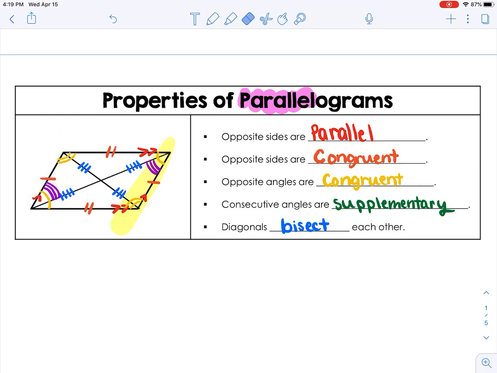And there are several pairs of alternate interior angles. All the ones across from each other on the diagonals are going to match up and have the same measure. So we're going to make a quick note, just reminding ourselves that alternate interior angles are congruent.